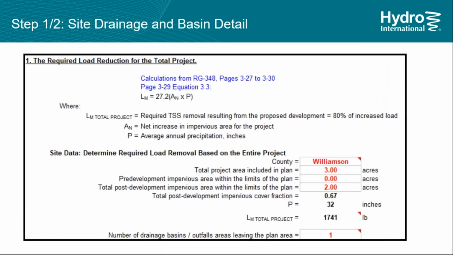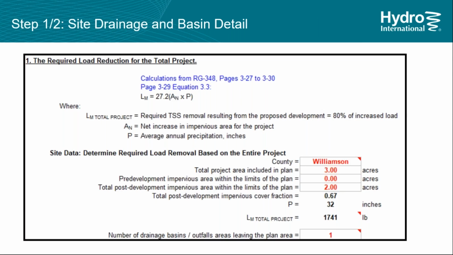So step 1, or step 1 and 2 in this case, because we're designing out of a single basin, so the site drainage and the site requirements will be the same. Step 1 and 2, in my example, show identical TSS loads, where LM is the TSS load, as only a single drainage basin is being considered on this site.